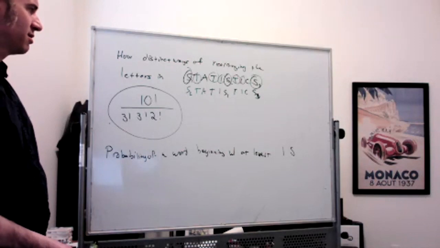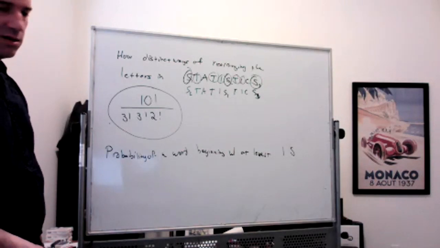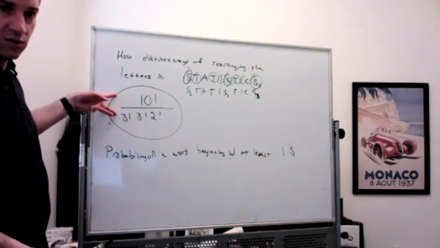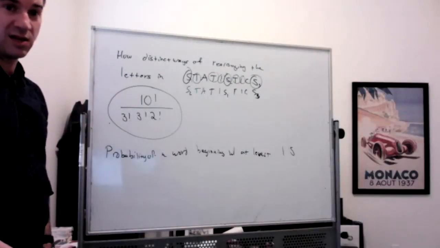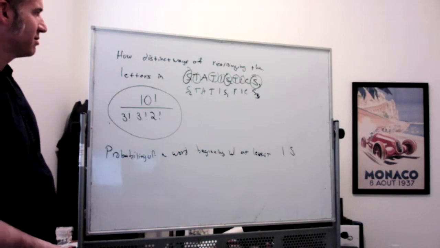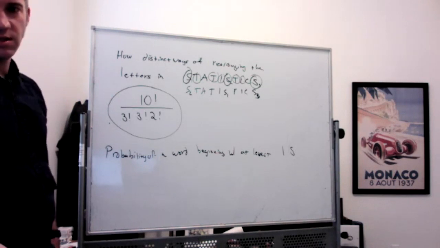Okay. Well, we know that this is the total number of distinct words. How many distinct words end with S? Yeah, this seems like a harder question.